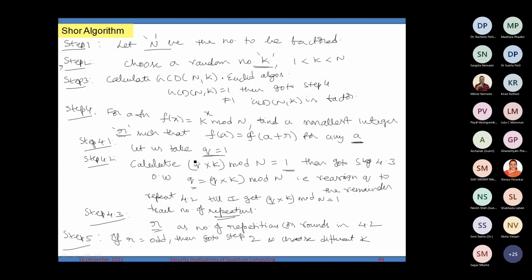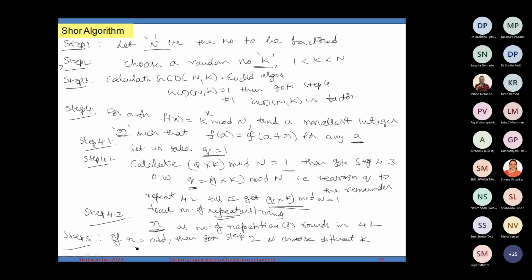If not, I repeatedly reassign the value of q as q into k mod n. I'm reassigning the remainder to q. I repeat it till I get the remainder as 1. And remember, I am tracking the number of such repetitions or rounds I am making, and that number I am assigning to the value r.